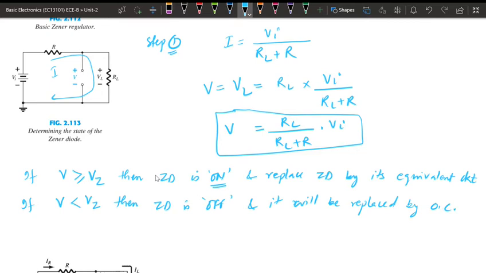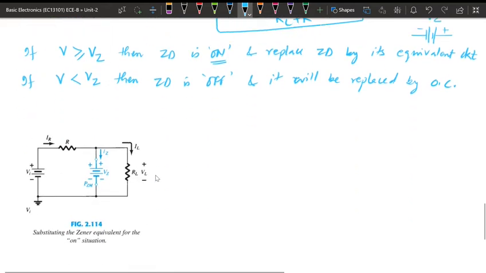If it is in on mode, it will be replaced by an equivalent circuit, that is a constant voltage source equivalent to Vz. Okay, so we'll be replacing this. So suppose it is in on mode.